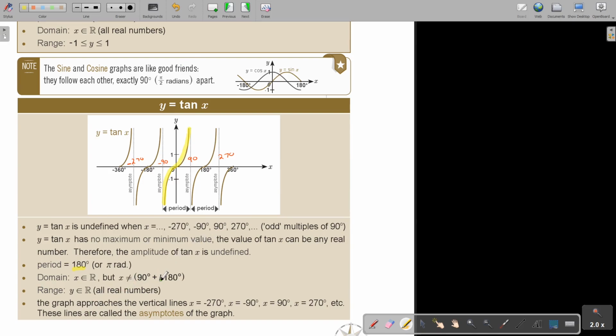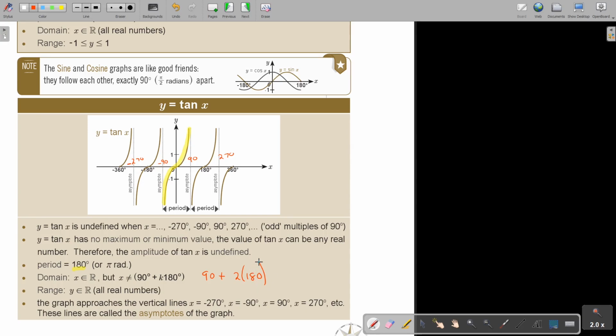And then I just want to quickly check this one. If it's 90 plus, say, 2 times 180, k can also be negative 1 or negative 2. So 2 times 180 plus 90 is 450.